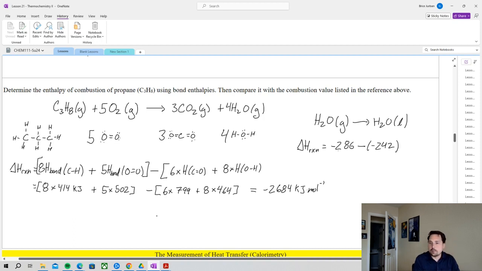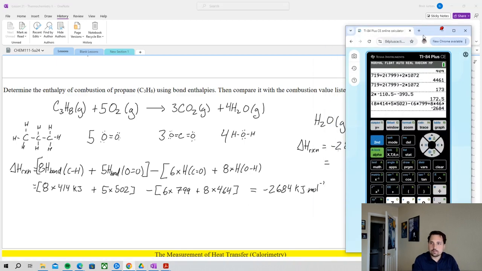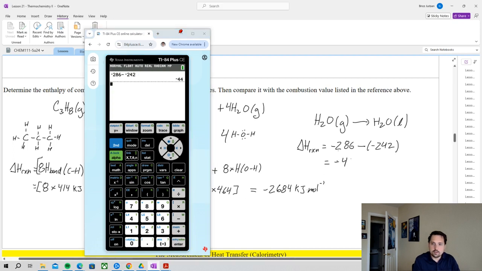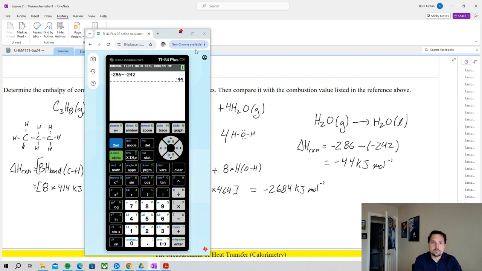So I'm subtracting the formation of this minus the formation of that. Okay. So it gives off negative 44 kilojoules for every mole of water that condenses.